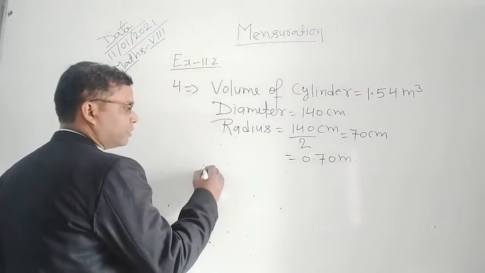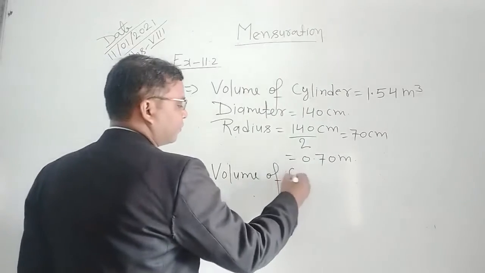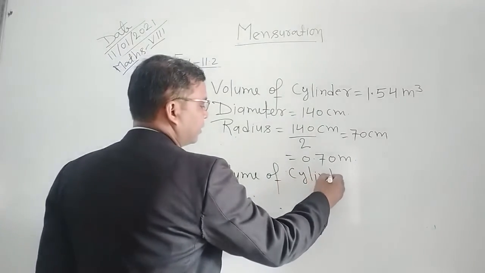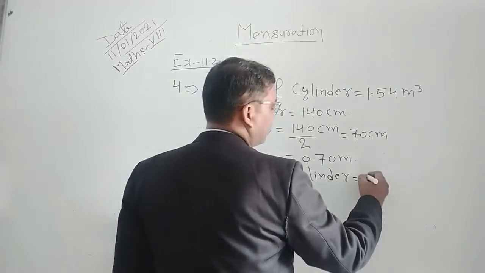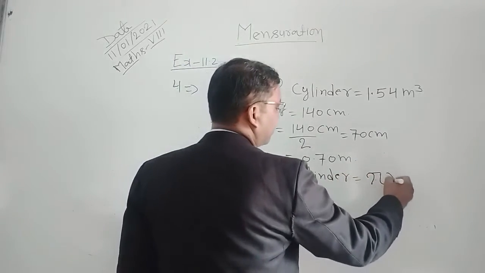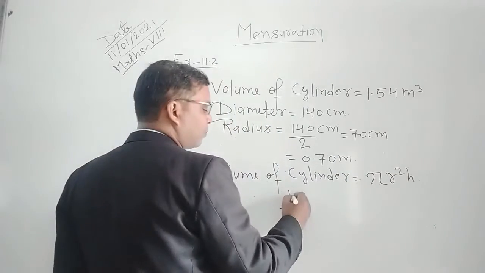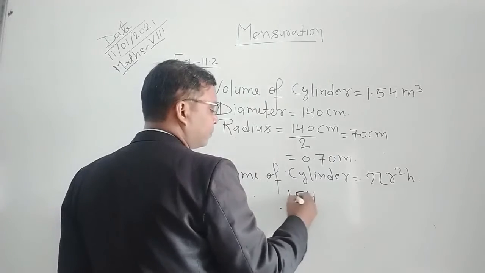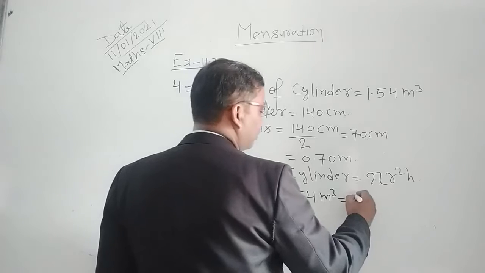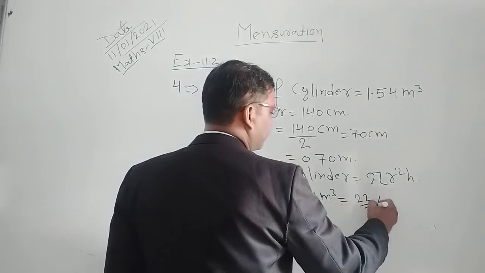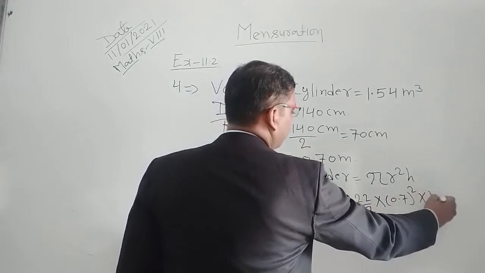Now, here we know that the volume of the cylinder is equal to pi r square h. Volume of cylinder is given here 1.54 meter cube. This is equal to 22/7 into 0.7 square into h.